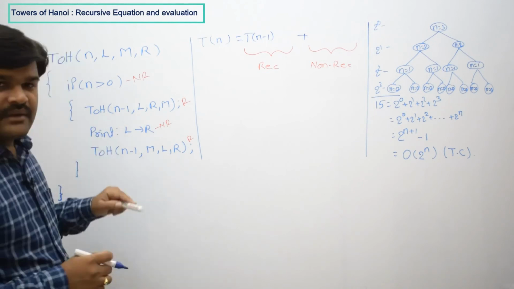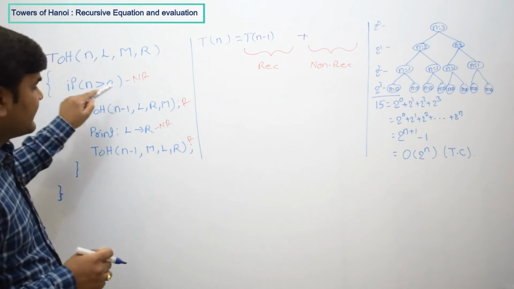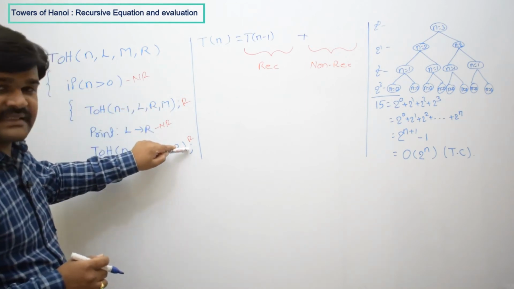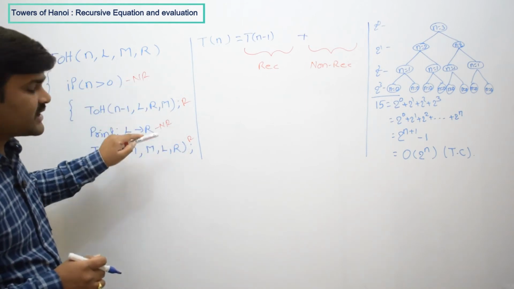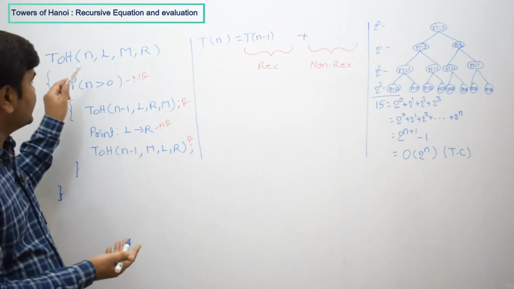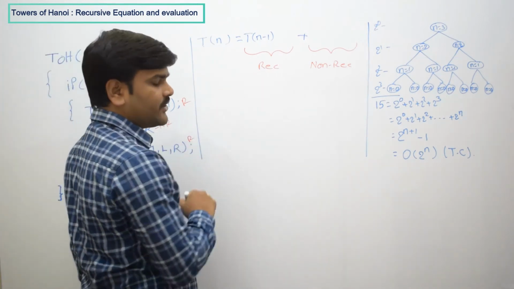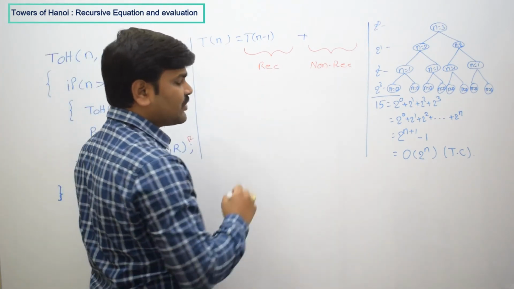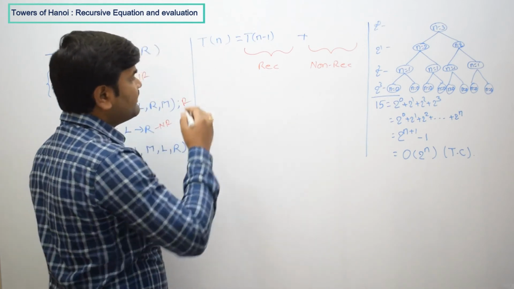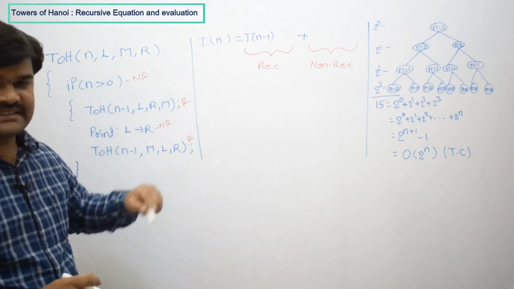What is the total time complexity for this function? Recursive code time complexity plus non-recursive code time complexity. That is the whole code time complexity for this TOH, which will become T of N. So that is what we are covering overall in that statement.